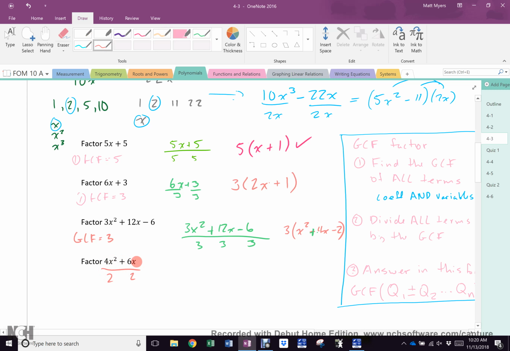So that means I can get an x out of there, can't I? So what is my GCF here? 2x, and then what's quotient 1? 2x. 4 divided by 2 is 2. X squared divided by x is x. Plus, what is quotient 2? 3. No x. X divided by x cancels. Is everybody good?